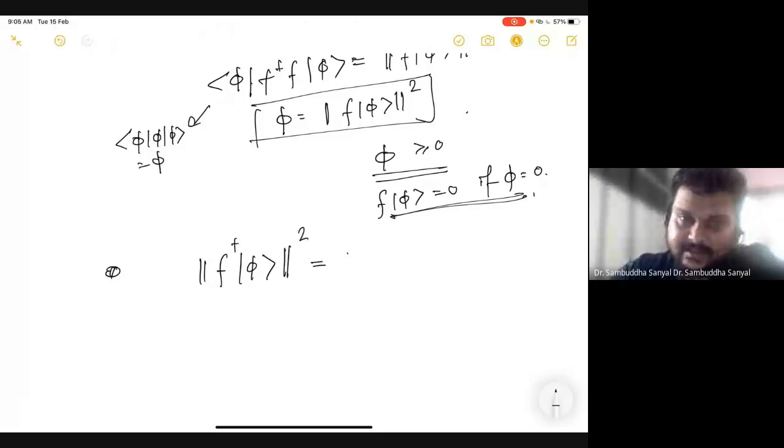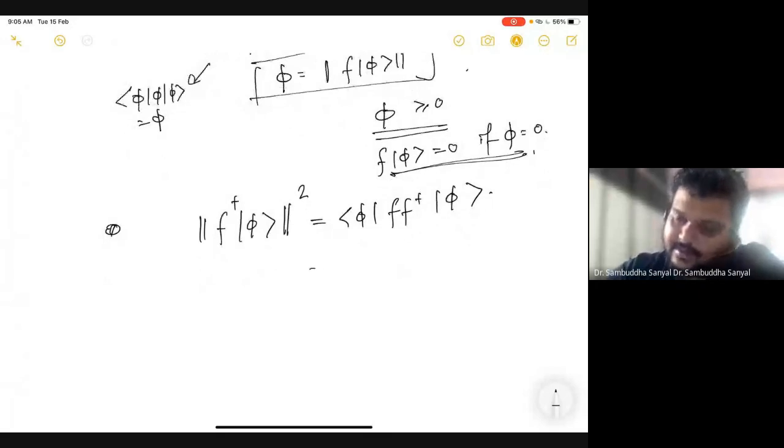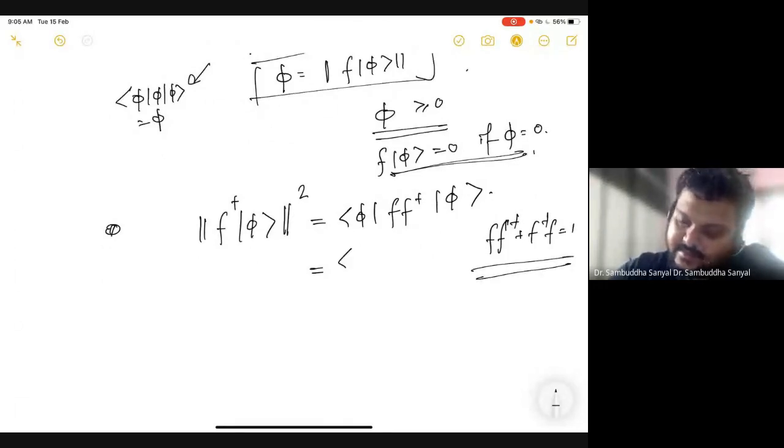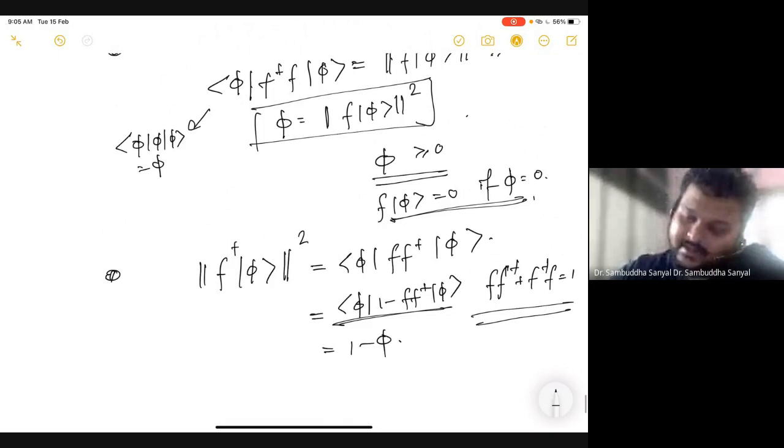So now this operator is nothing but phi f dagger f phi, if I open the square. Now notice that f f dagger plus f dagger f is equal to 1. So that means this is phi (1 minus f dagger f) phi. Okay, so that means this is 1 minus phi, because this object is nothing but phi. That's what we have seen here.